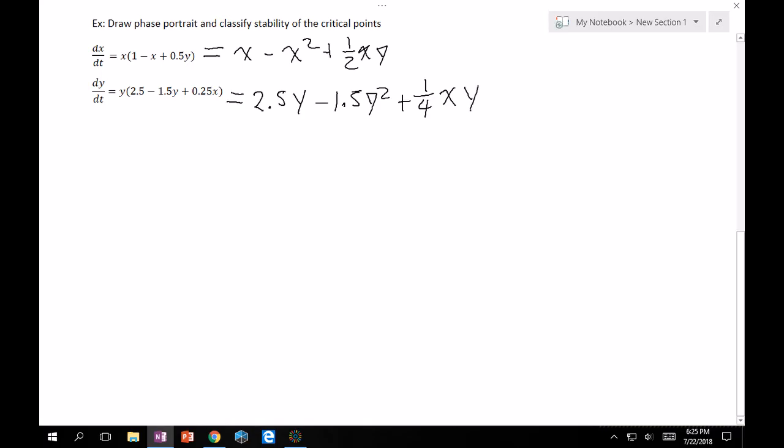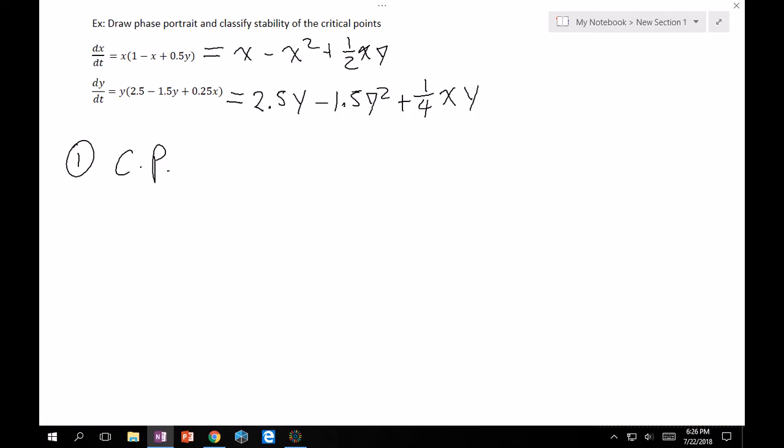Okay. And then obviously the first thing is to find critical points. Again, all you need to do is decide: our first case would be x equals 0, y equals 0. Our second case would be x equals 0, and then 2.5 minus 1.5y plus 0.25x is equal to 0.